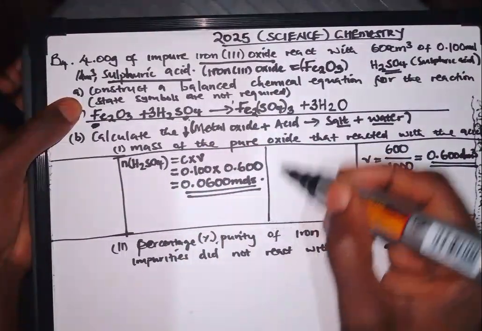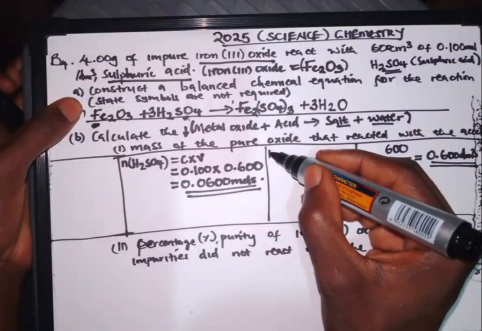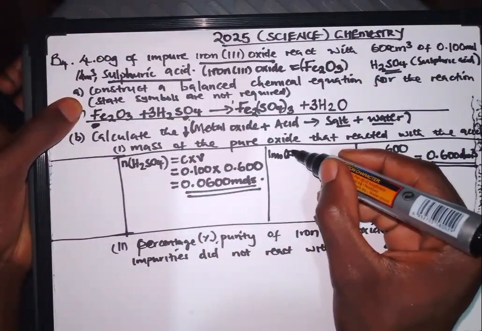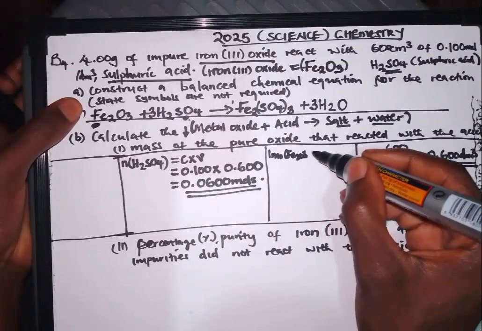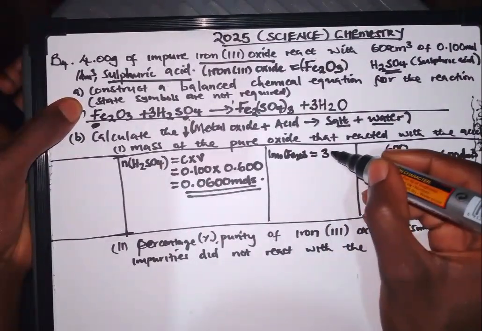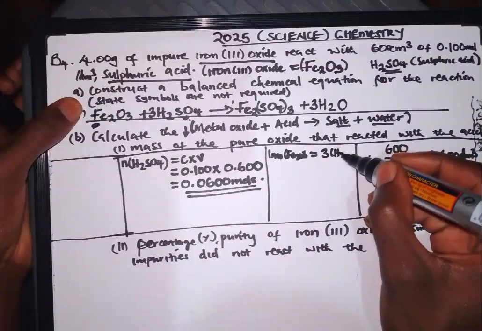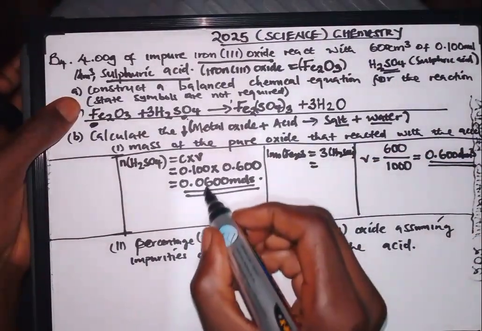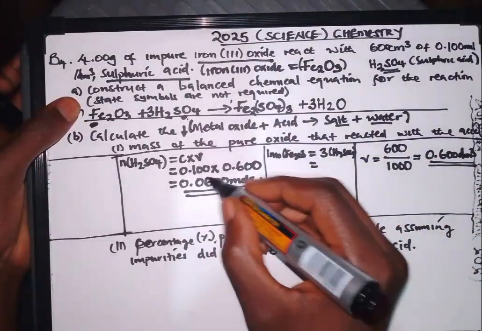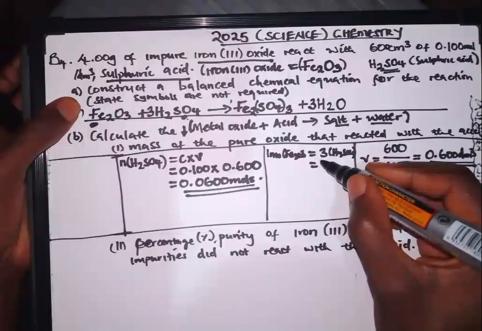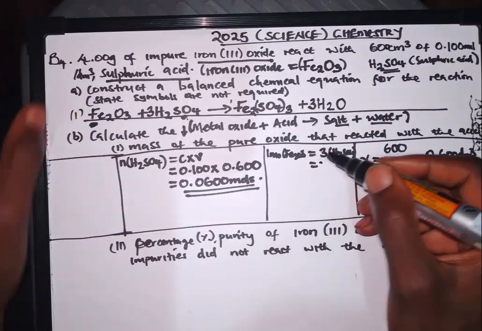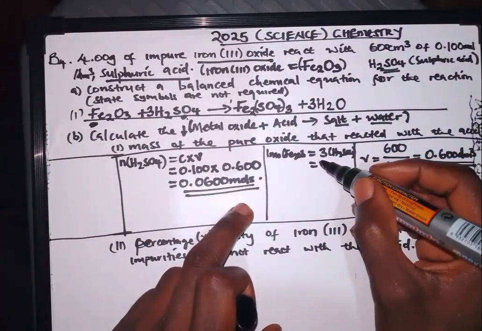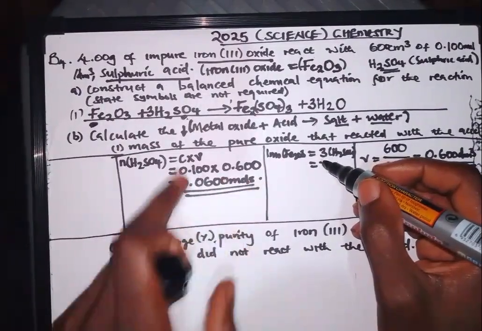So you write here, 1 mole of iron 3 oxide reacts with 3 moles of H2SO4. Then how many moles of sulfuric acid will react with this?